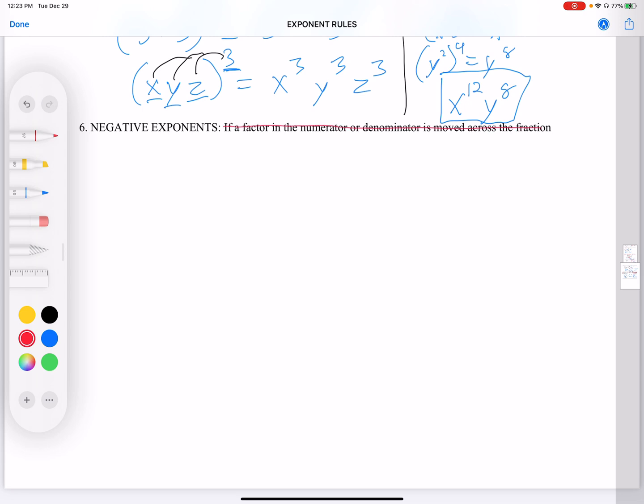Basically, no negative exponents. We do not have negative exponents. We are not going to keep anything with a negative exponent.